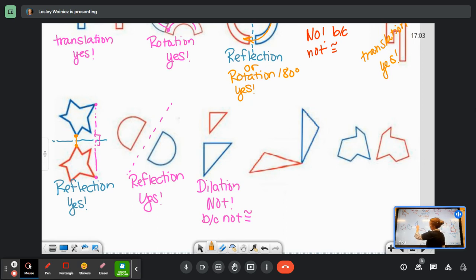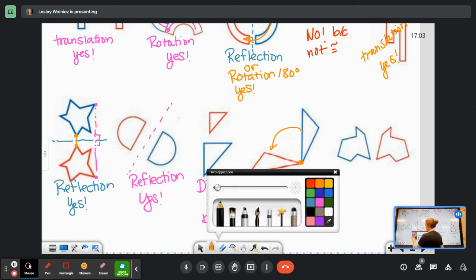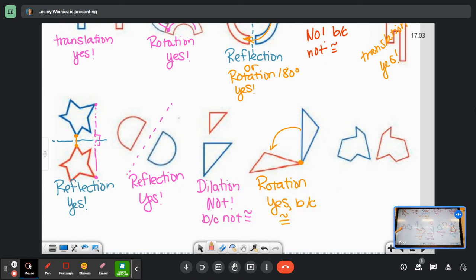Okay, here we have a rotation about a point. And this is an isometry because they are congruent figures. All right, last but not least, these kind of look like crazy little bunny rabbit heads.